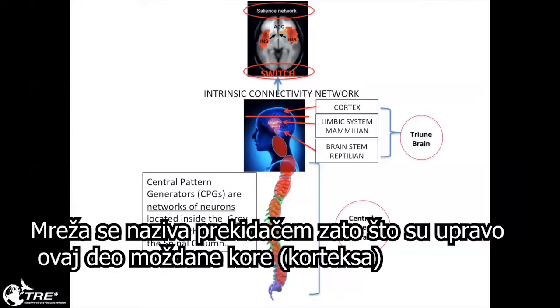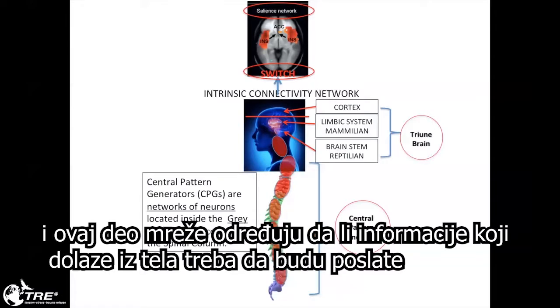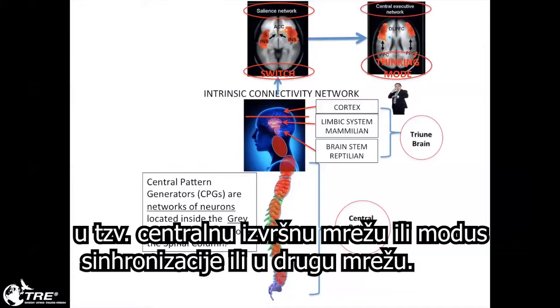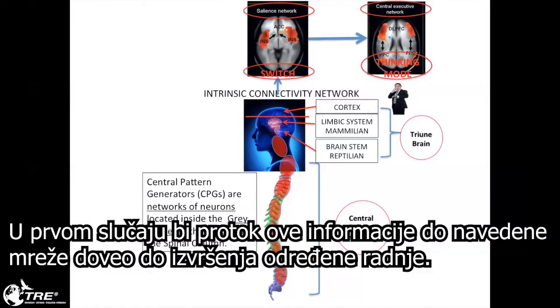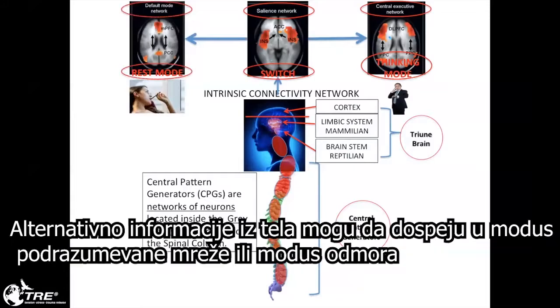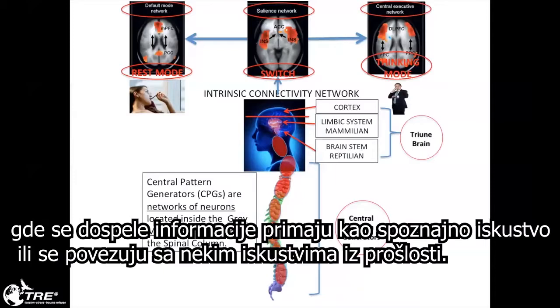It's called the switch because it's this part of the network that determines whether the information coming from the body should be sent to what's called the central executive network, or the thinking mode, and therefore it should potentially do something with this information, or should it go to the default mode network, or the rest mode, where this information is taken in as a reflective experience or connecting to some experience of the past.